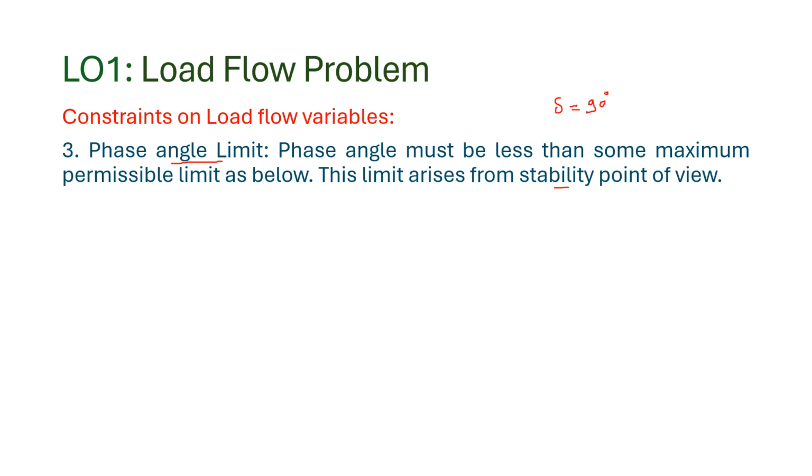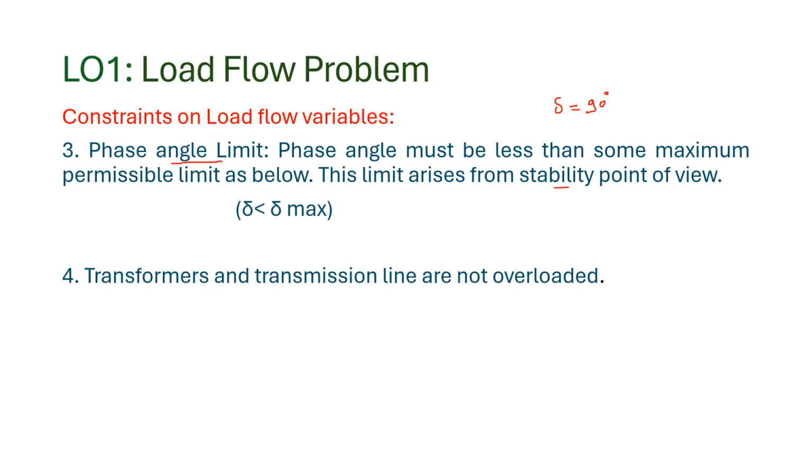So whatever phase angles we have, with respect to voltage, that should be less than this 90 degrees, so that our system will remain stable, and this puts a limit on variables. So delta should be less than delta max.